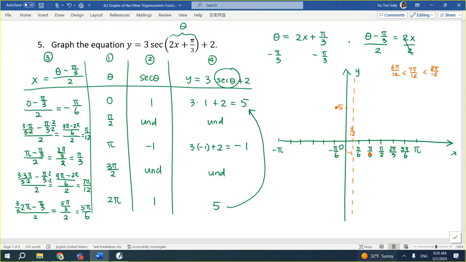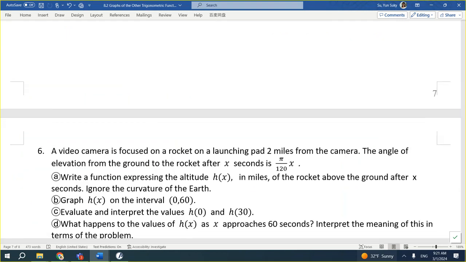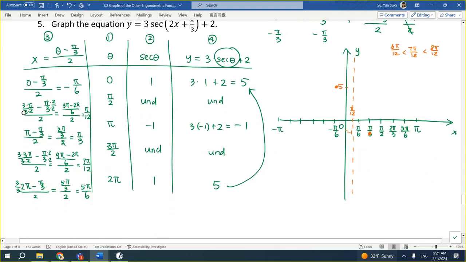And then 6 pi over 12 is pi over 2, right, everybody? And 8 pi over 12 is 2 pi over 3. So that's why you know it's between pi over 2 and 2 pi over 3. So this is 7 pi over 12. And we have undefined.